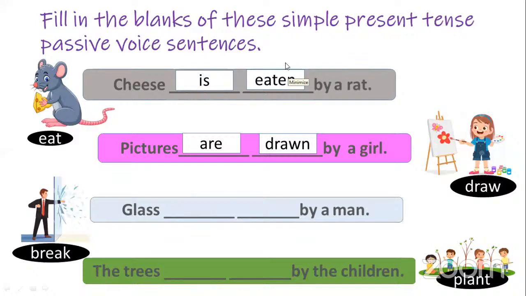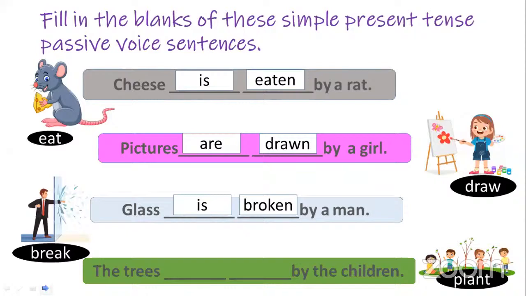Next, what is the answer for the next one? Glass blank by a man. According to the object, we have to select the helping verb. Glass is a singular noun, so we have to use is.